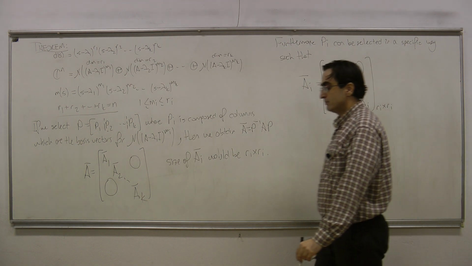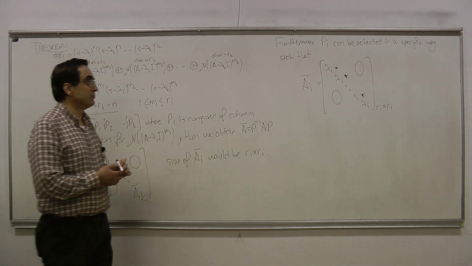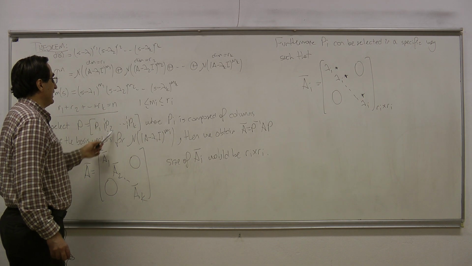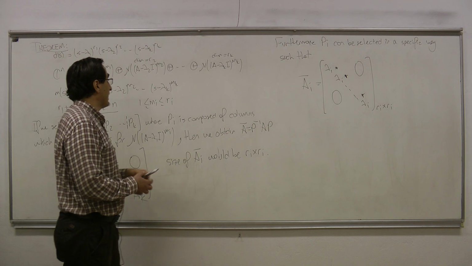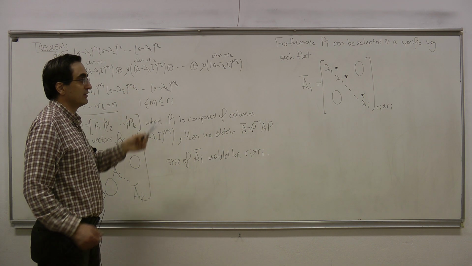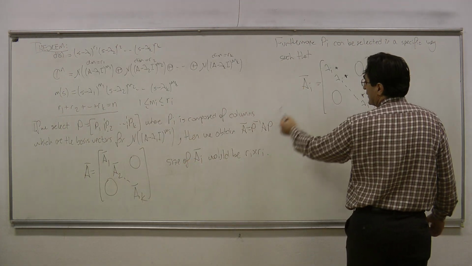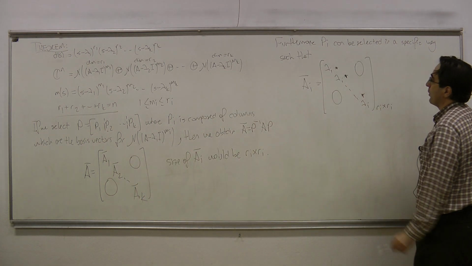and I would have zeros everywhere else. Okay? This last statement is saying something very important. These Pi matrices, I can select these basis matrices in a specific way. So I can choose some specific basis vectors for these null spaces, such that each of these A i bars, the blocks of this matrix, would be in this form.